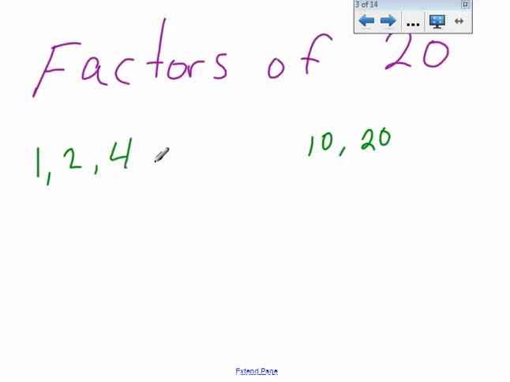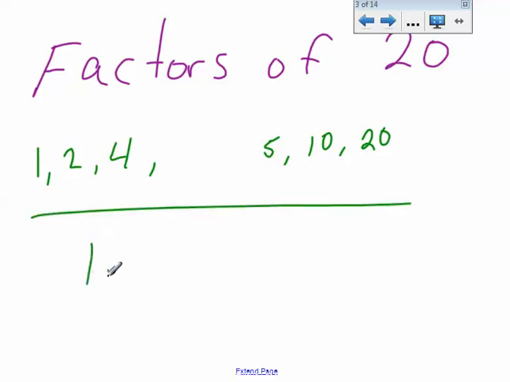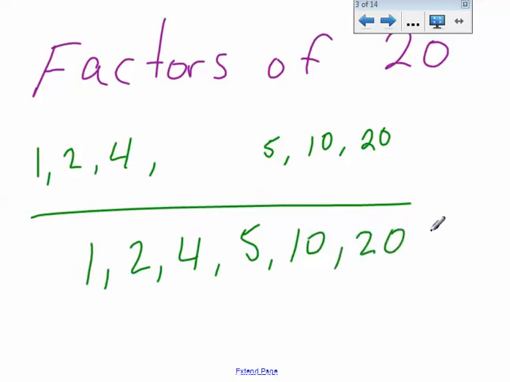I know that 4 times 5 is 20. And in fact, I'm back up to where I already am, so that's the list of all my factors. I'm going to rewrite it neater: 1, 2, 4, 5, 10, and 20. Those are all my factors of 20. I could take 20 and divide it by any one of these, and I will get an answer with no remainders.